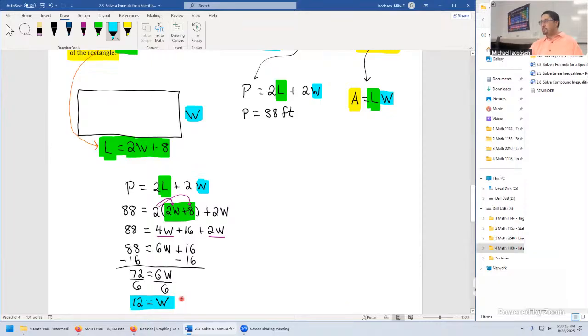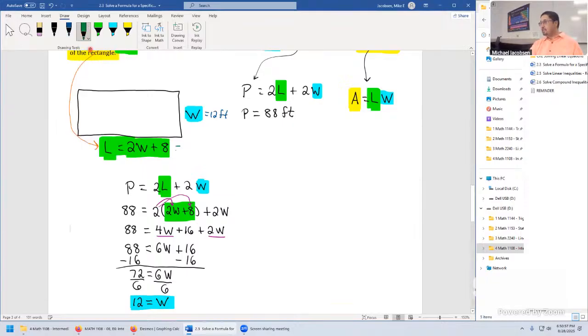So if the width is 12, and by the way, this was in a measurement of feet, so 12 feet, we're about ready to solve for the area. All we need to do is go back over here. This is yet another equation, and we know exactly what W is. We can plug it in right into that spot.